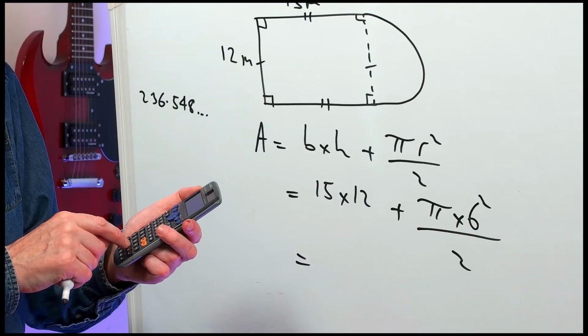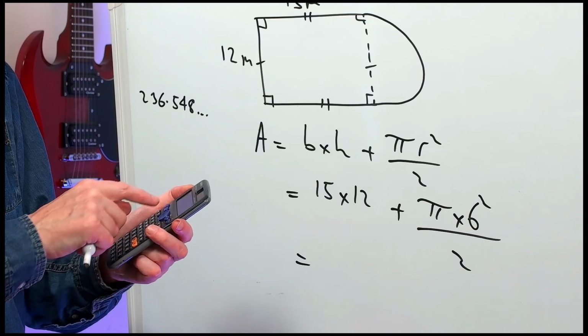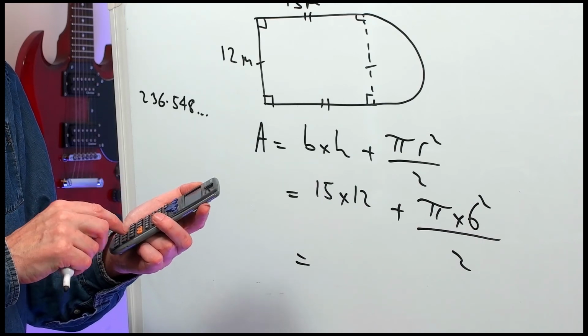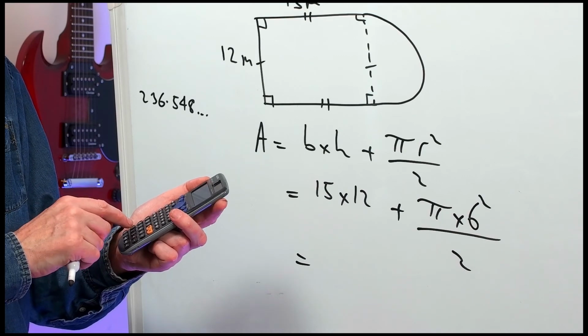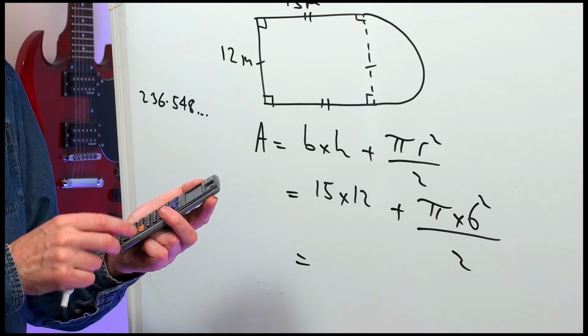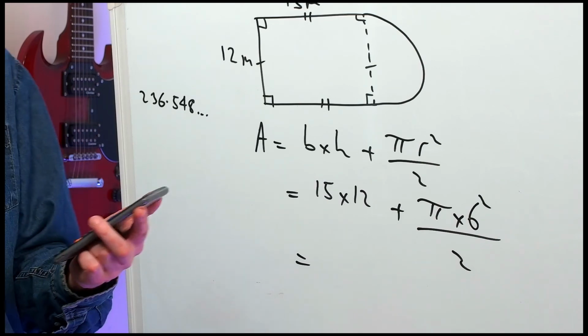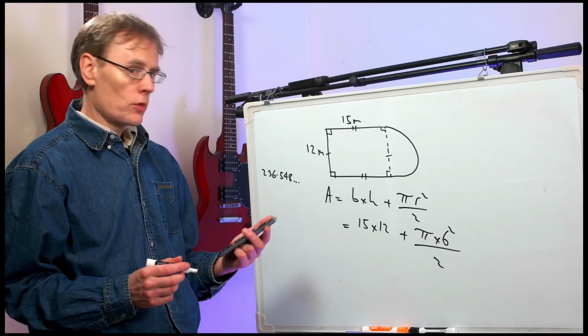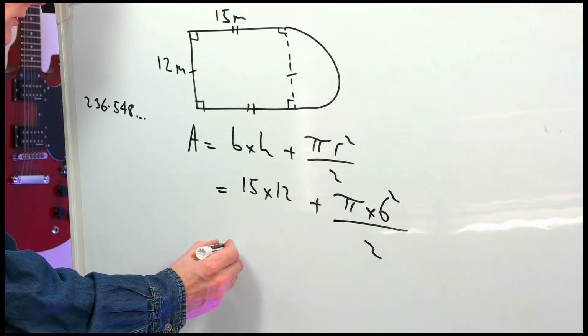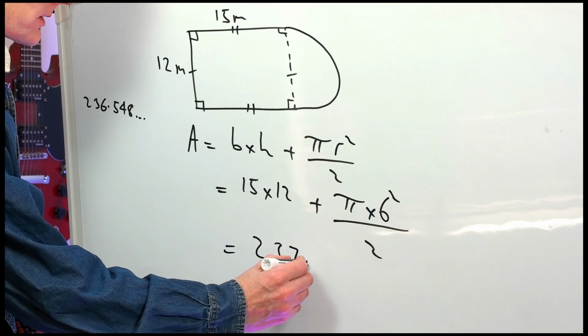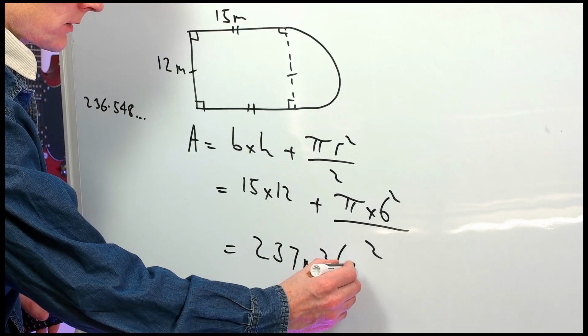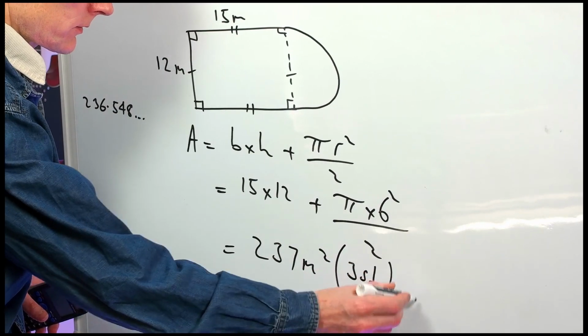Let's say 36 times pi divided by 2, and then I'm going to add 15 times 12, just to check. Yes, it still comes to 236.548, so we can write that as 237 meters squared, 3 significant figures.